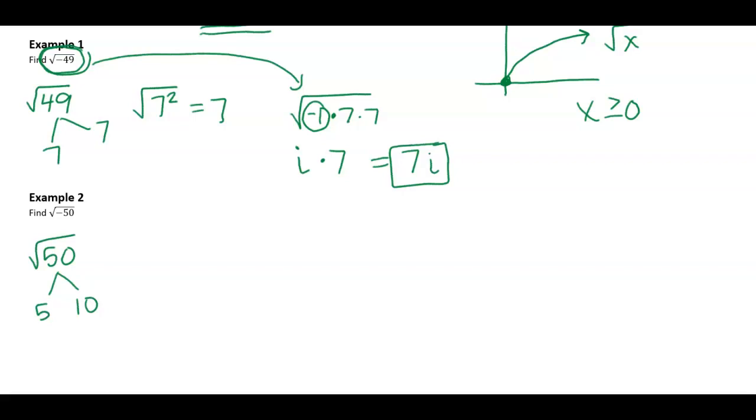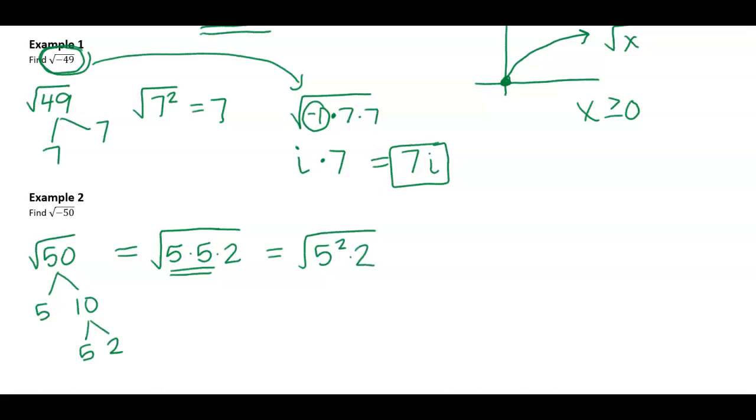But maybe I expand this a little bit further and say, oh, but 10 is 5 times 2. Well, then on the inside, I could write that 50 is 5 times 5 times 2. Now I have 5 two times. Another way to write this would be 5 squared times 2.